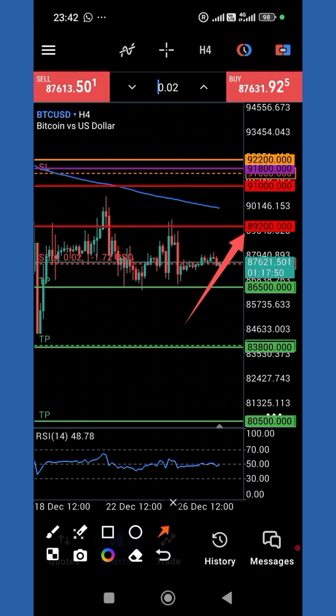I have another resistance that is supporting the previous one, which is major to be around 91,800 and 92,200. Those are the two lines that I put here. You can see these two lines, the golden line and also the purple line. Those two, they are what?